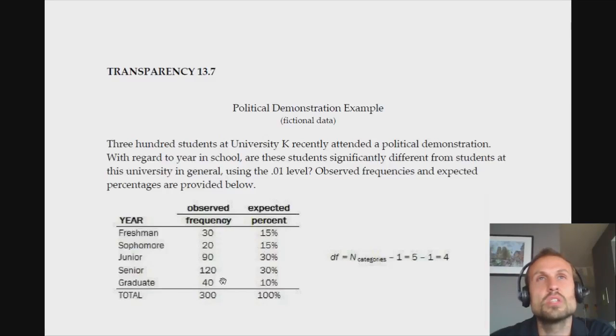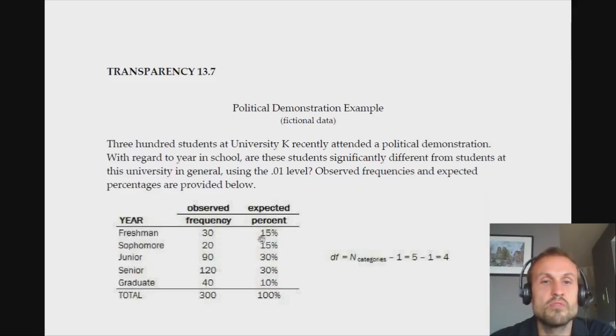And out of the 300 students, we observed these frequencies. So now the question is, do we think this matches what we'd expect in general? So the percentages that we'd expect to have, the breakdown, that has to come from somewhere else, like historical information or a previously known study giving me the percentages that I would expect.